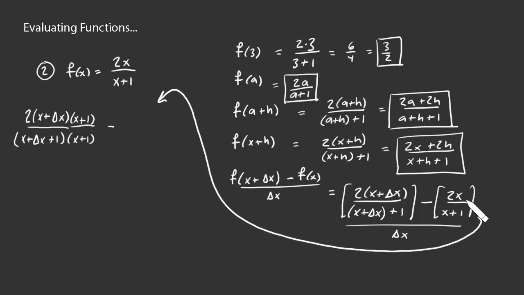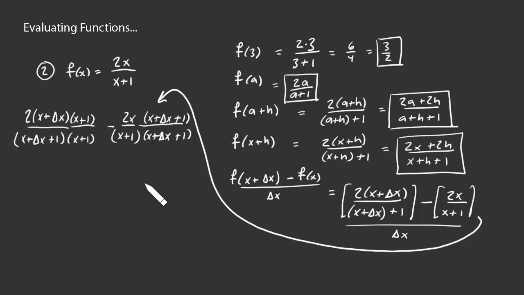Minus this fraction, 2x over x plus 1. And again, this denominator is missing all of this, so let's put that in. x plus delta x plus 1. Again, over itself. So we're really just, again, multiplying by a well-chosen value of 1, not affecting anything in terms of its value.